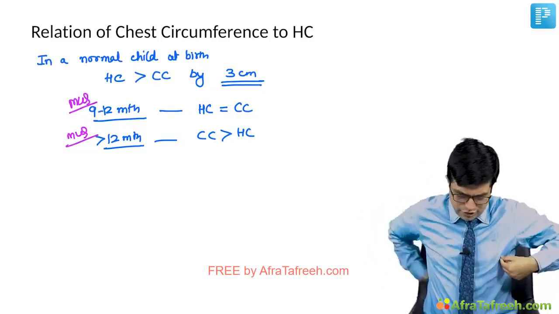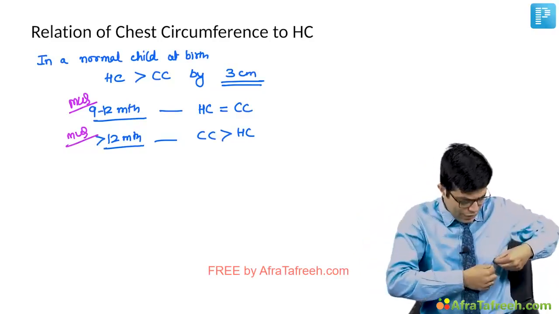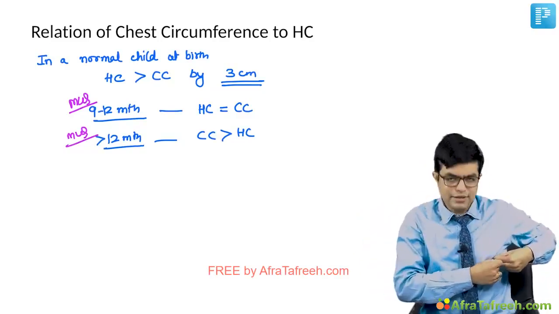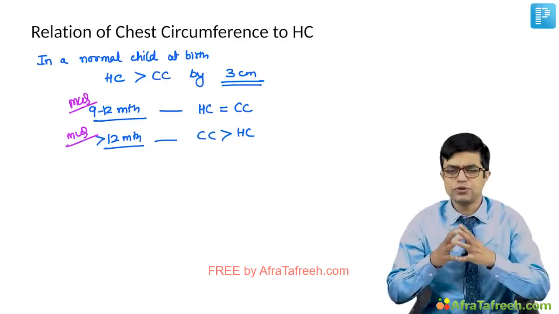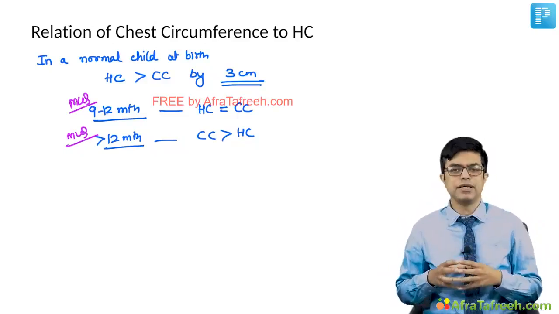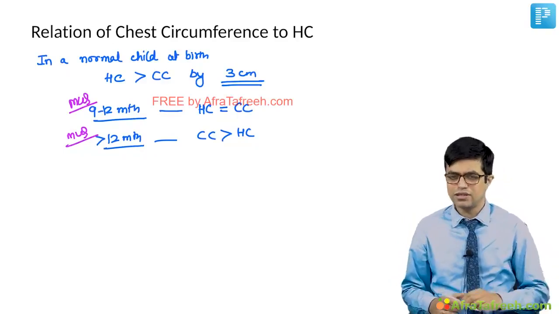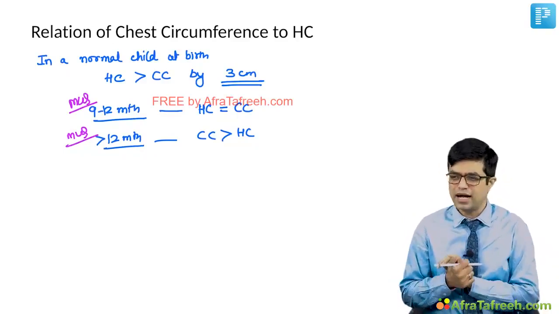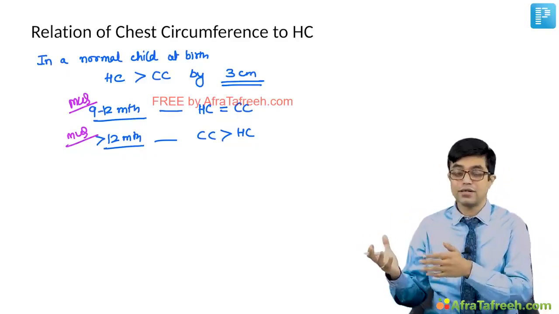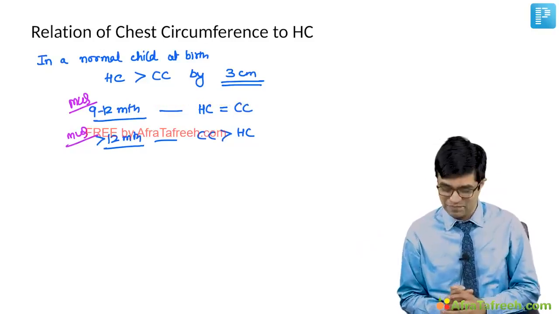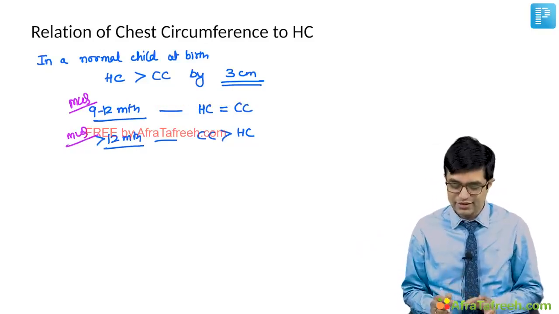This is how you measure it. You pass it like this from the back, you bring, this is the nipple and this is where you measure it. So this is how you're supposed to measure chest circumference in a child. Nobody will ask you, but trust the examiners for asking stupid and unaskable questions sometimes in your exam. So this is regarding the chest circumference.